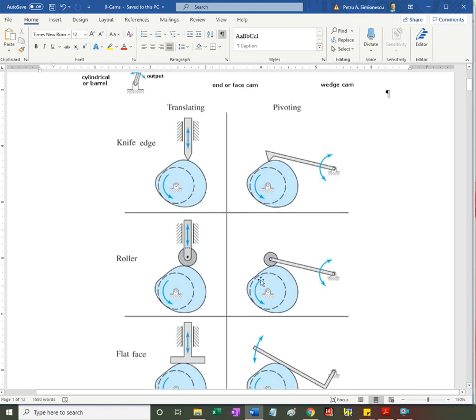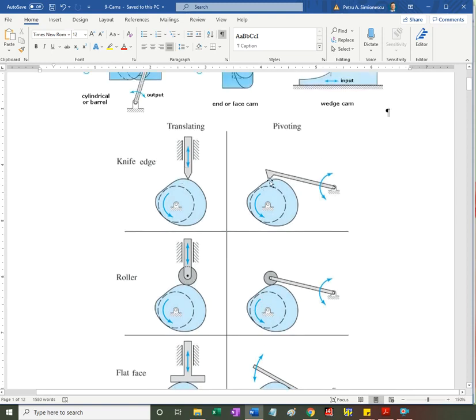The knife edge cams, you don't see them in practice. Actually, you could start with a knife edge cam, but over time this sharp edge will fill it, and you'll end up with the equivalent of a roller that is locked, or a mushroom cam, not shown here. So because of the contact stresses, the knife edge is not used in practice.